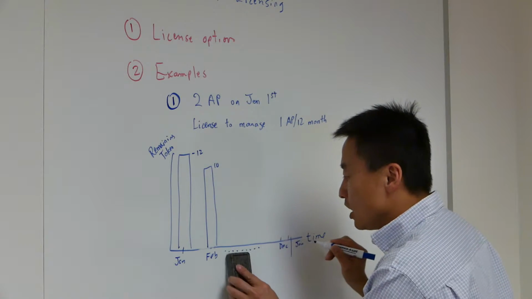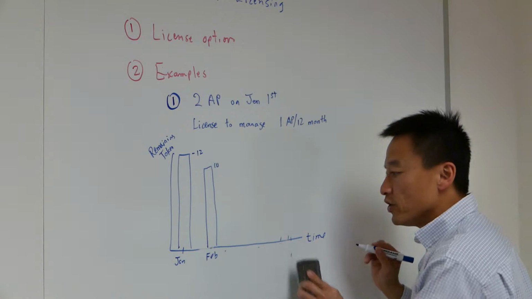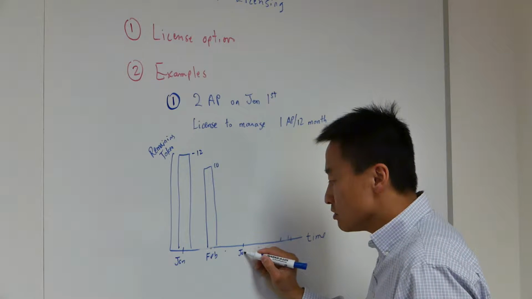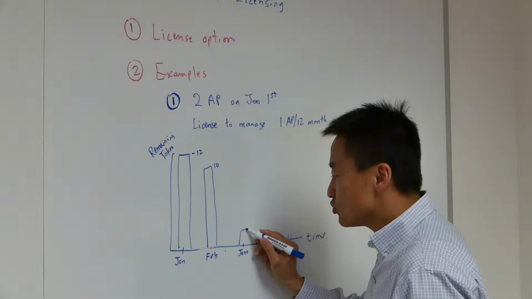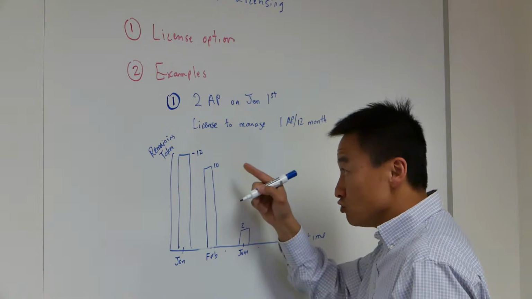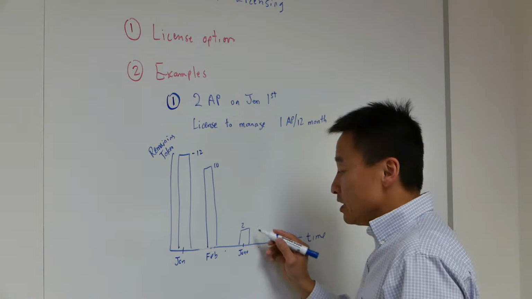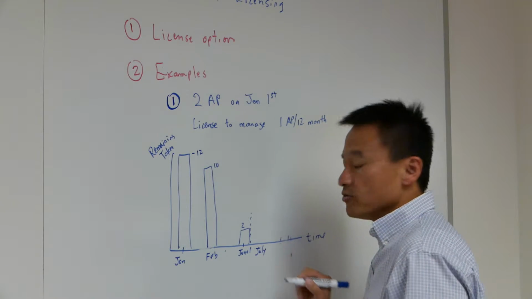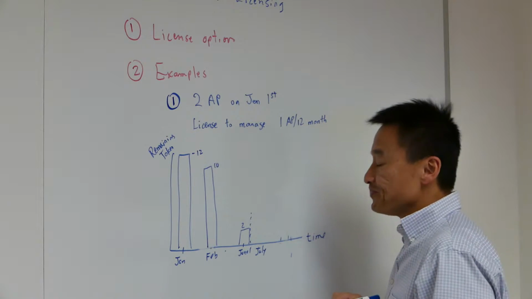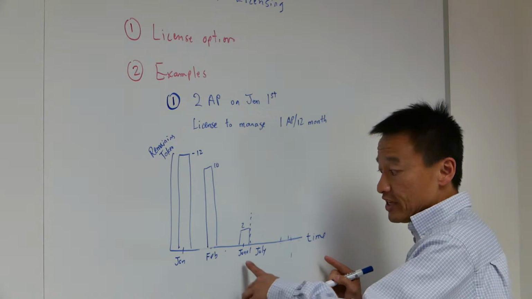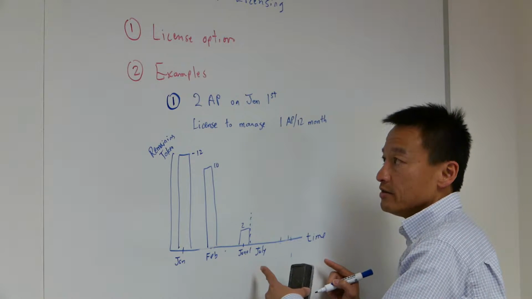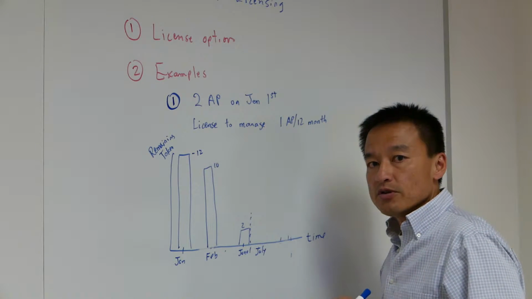And as you go on, way before you get to December, you will run out of your tokens. In fact, by the end of June, you will have 2 tokens left, because 2 tokens are deducted every month. By the time July comes along, you don't have any more tokens. So the benefit is this: both APs finish their subscription at the same time. That's the second example.